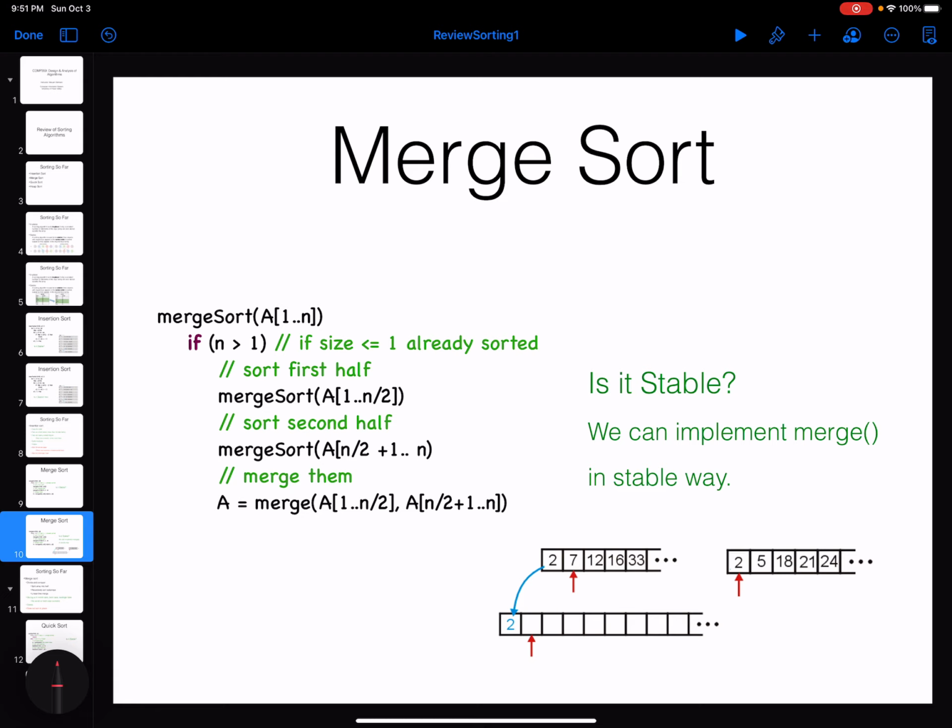Just consider this example, where you are merging these two arrays, and assume that you have two items here and here which are the same. If you get two values which are equal, always take the one from the first part of the array. In this way, the merge will be stable, and the whole merge sort can be implemented in a stable way.